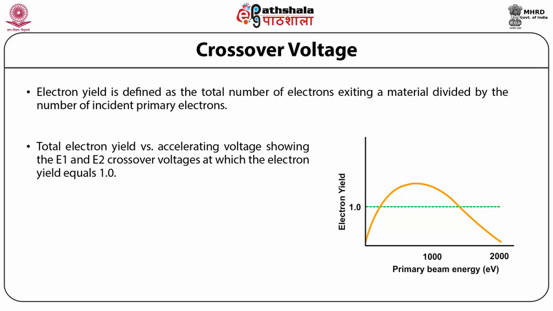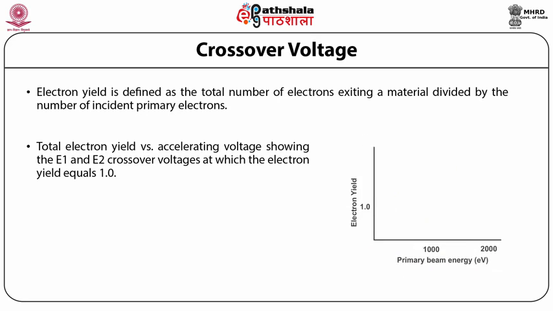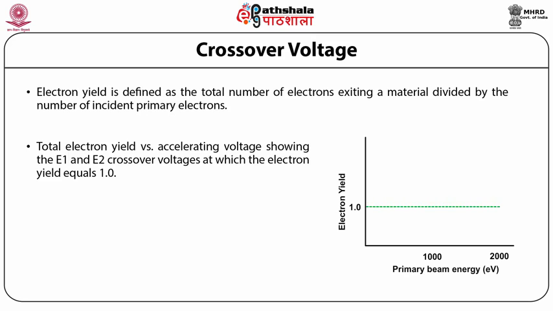E1 is too small to be measured with existing low voltage SEM technology. However, E2 ranges from 500 electron volts to 3.5 kiloelectron volts for most insulators.